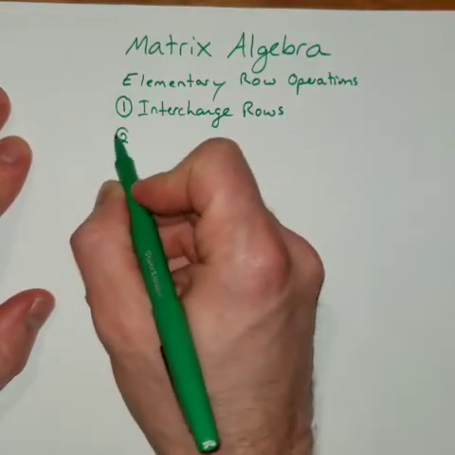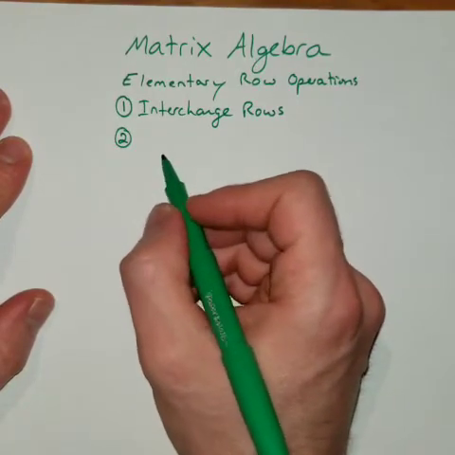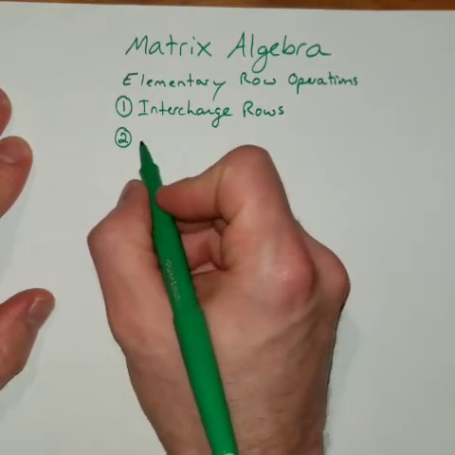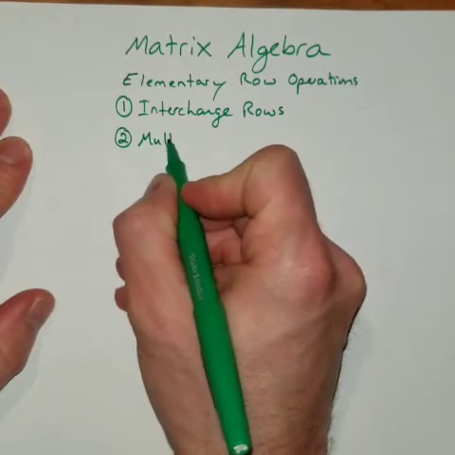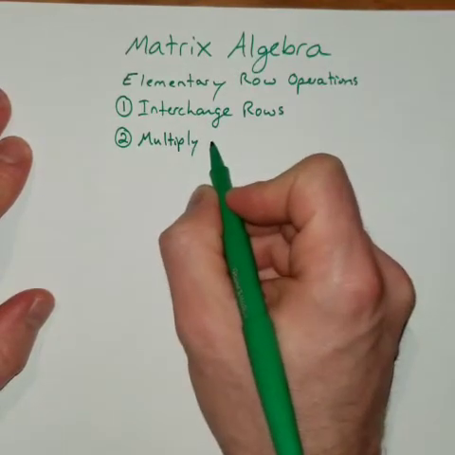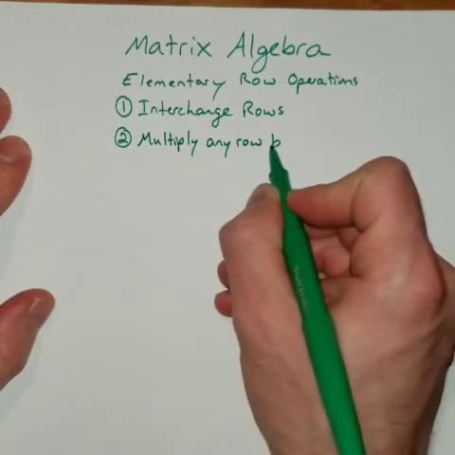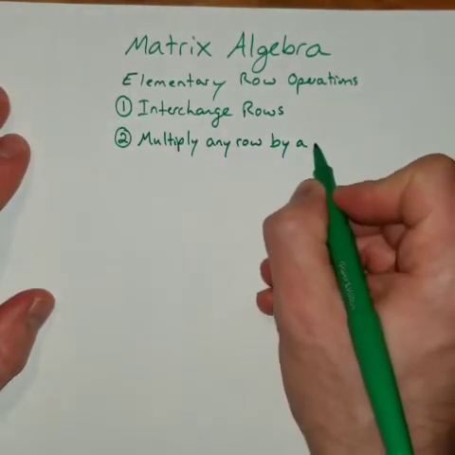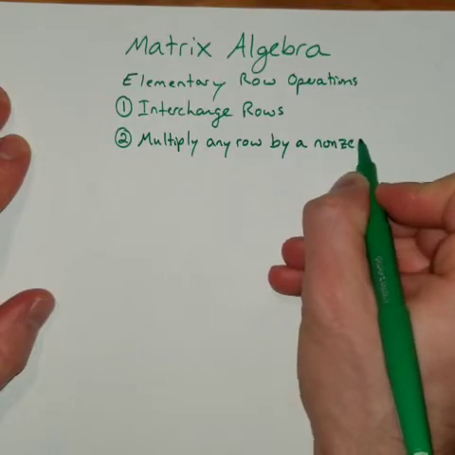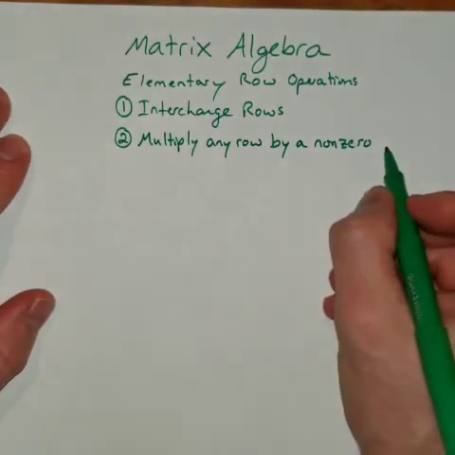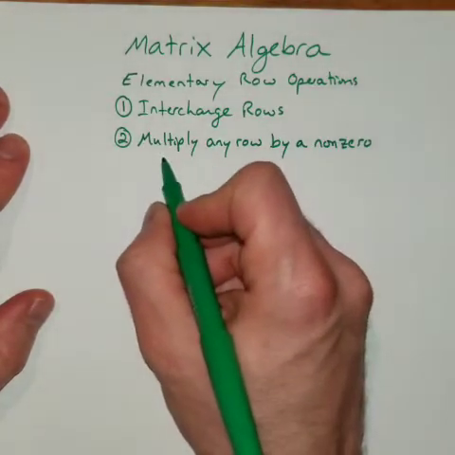Number two was that you could multiply any row by a non-zero number or constant.